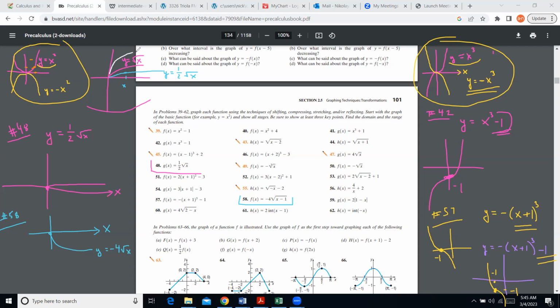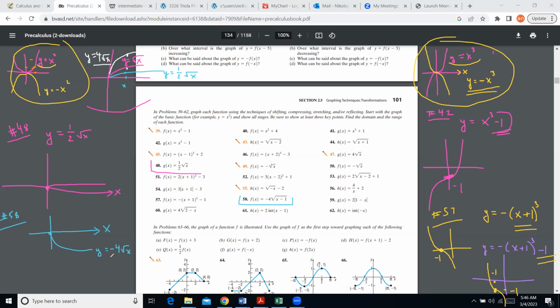If you look at the 4 in front of the square root of x, you get the values of x quadrupled. So the graph will be up higher, but the shape is still the same, with its +4.